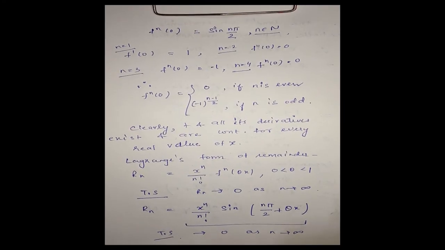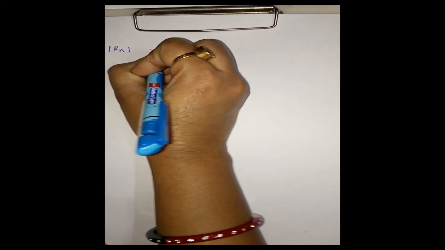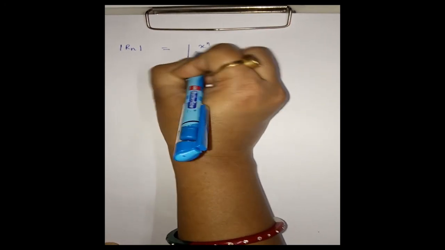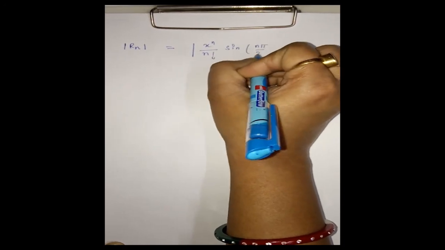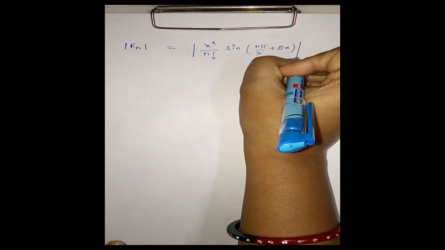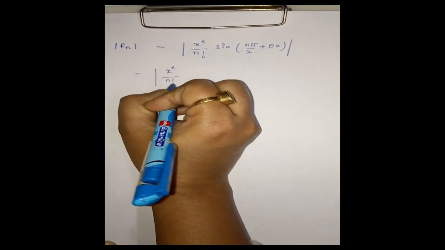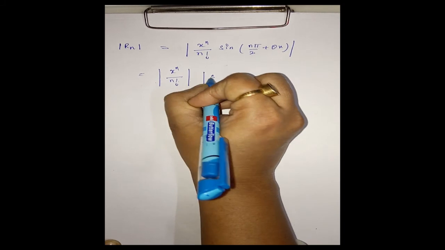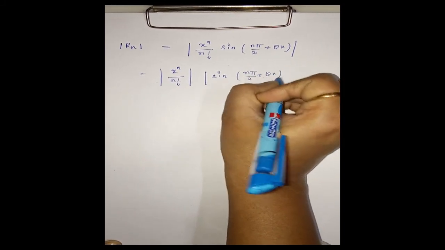Okay. Now we have this x^n by n factorial sin(n pi by 2 plus theta x).